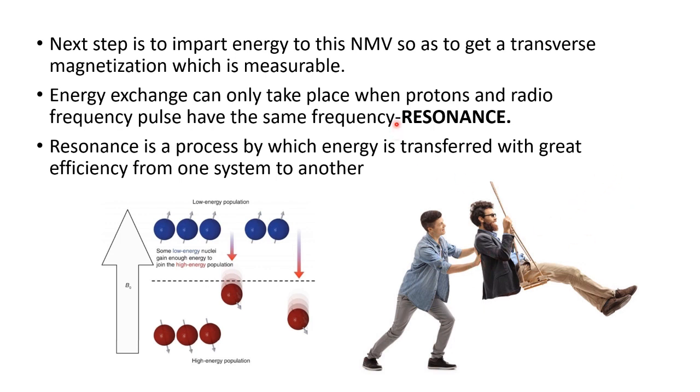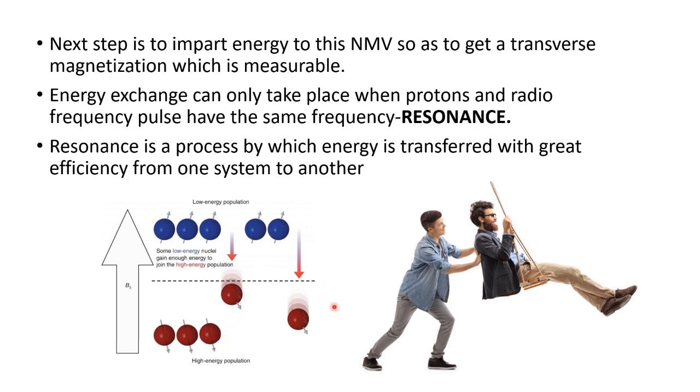In the same way, to transmit the maximum amount of energy into the nuclei, the frequency of the radio frequency pulse has to match the Larmor frequency of the spinning nuclei. When an external radio frequency pulse is given, the nuclei in the spin down state will gain energy and go into the spin up state.